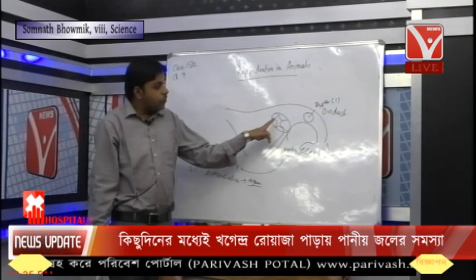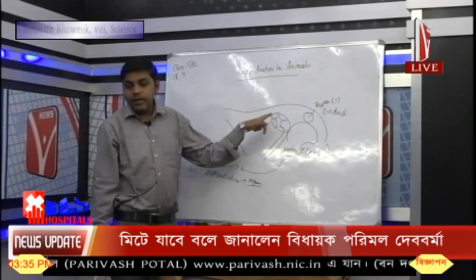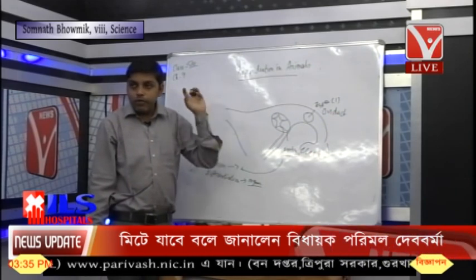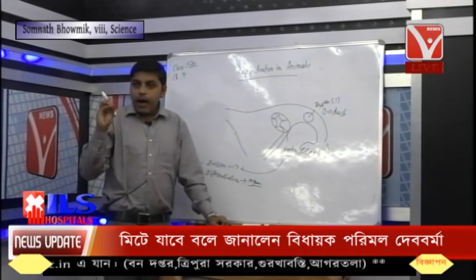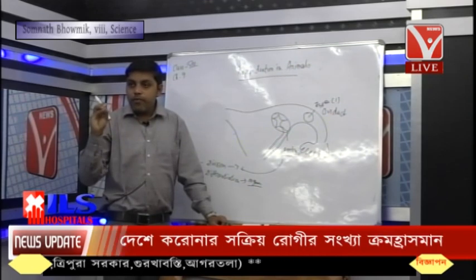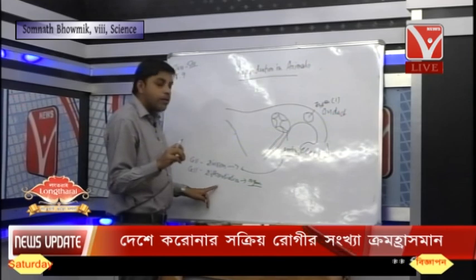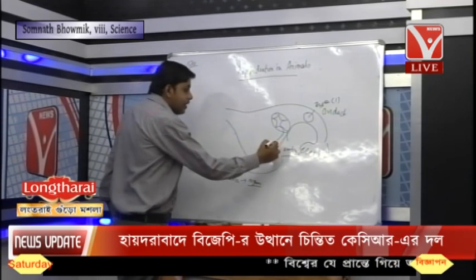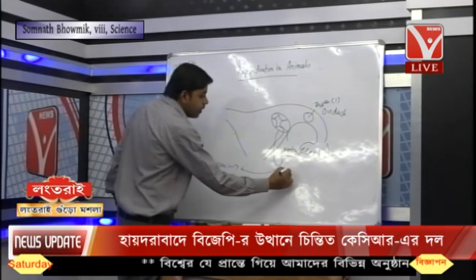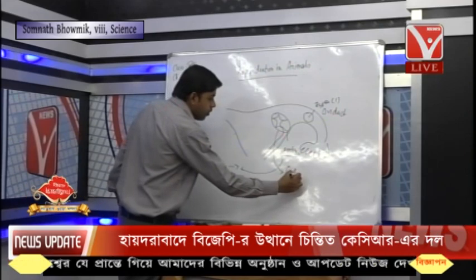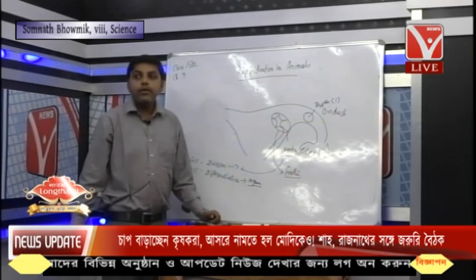So out of this whole cell mass, some portions are involved in a particular function or particular organ development. This is called cell differentiation. At this stage, it is known as the fetus.